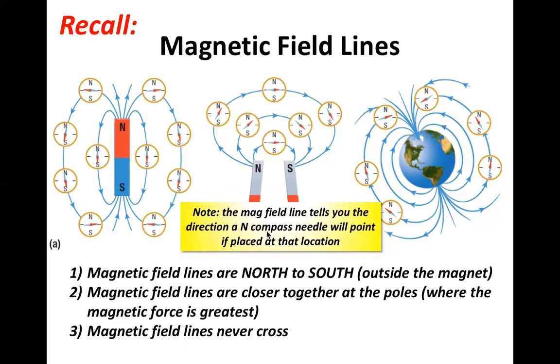This is important in answering some of the questions in the homework today, because sometimes it will be a compass face, and the purpose of the question is to determine the direction of the compass needle, which is exactly the same as asking what is the direction of the magnetic field line at that specific location.